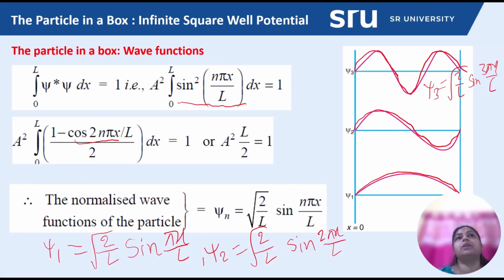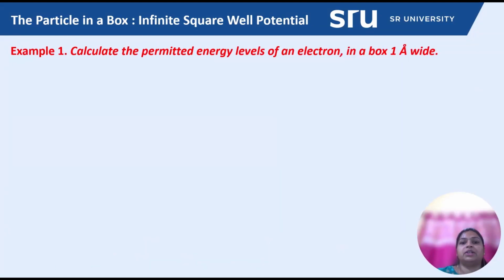Now let us find out, in this potential box, how we find the probability of finding the particle within an interval of some length. Let's give some examples. First, calculate the permitted energy value of an electron in a box, where the box width is 1 angstrom.